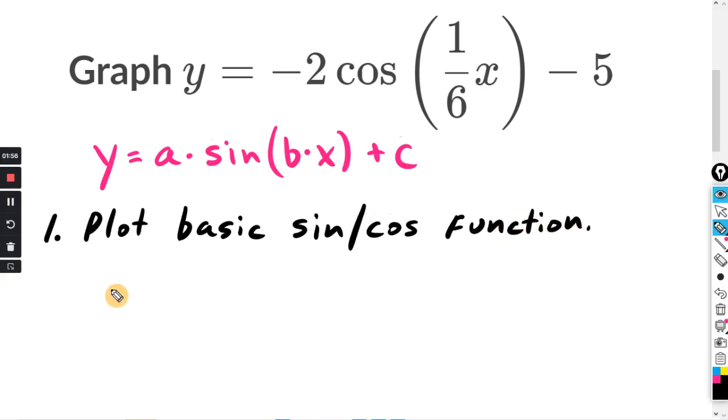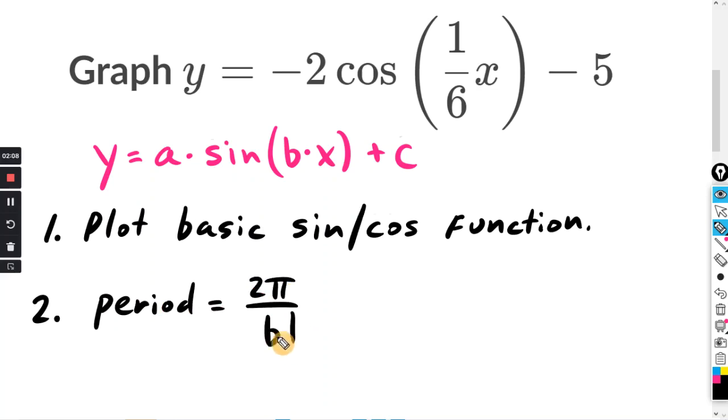That's going to be step one. Step two, we're going to find the period. And that's going to equal 2 pi divided by the absolute value of b. b is going to be the number that's multiplied by x.